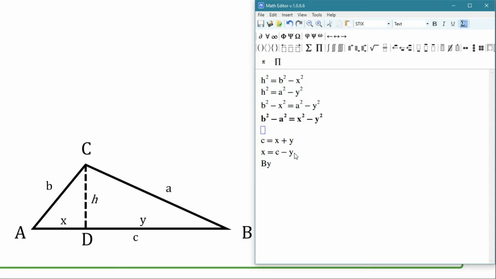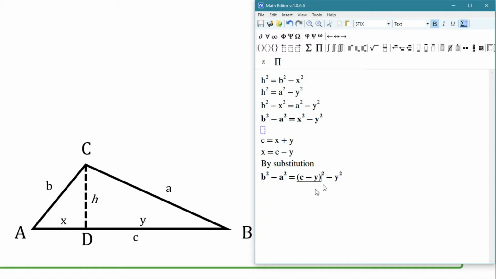By substitution, we copy B square minus A square equals, and this X is replaced by C minus Y.